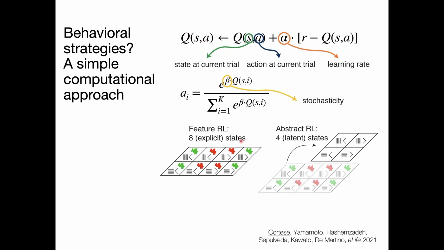The way that we designed the task was by having these three different features, but only two of them are relevant in any block. This allows this task space to be represented with two different learning algorithms. So here in the left part, you see what I call feature RL, feature reinforcement learning, which takes 8 explicit states. The states here are defined by the features that were presented to the participant on that trial.